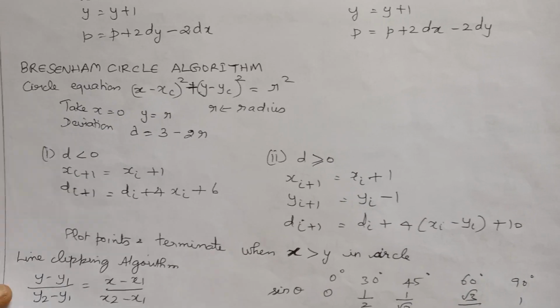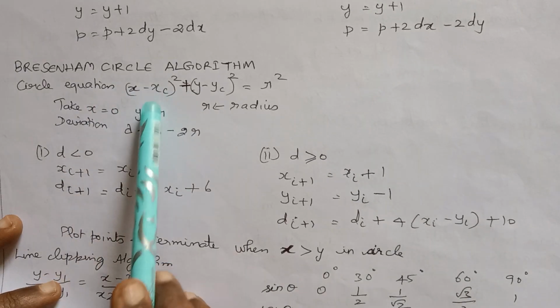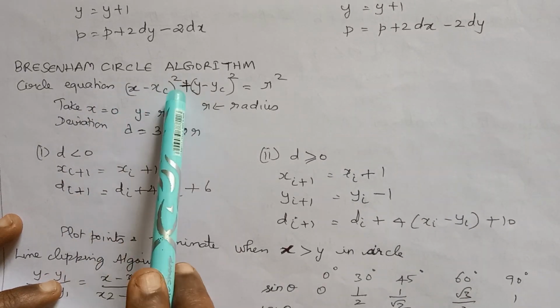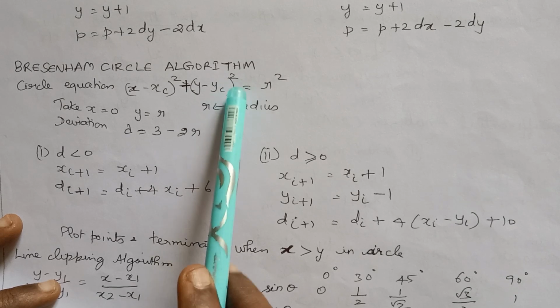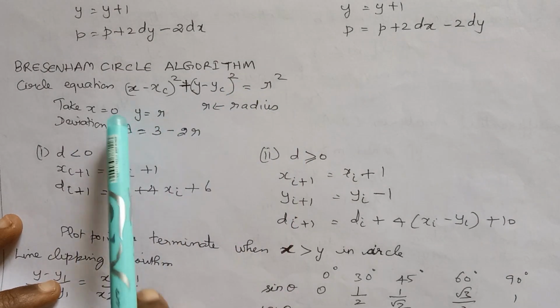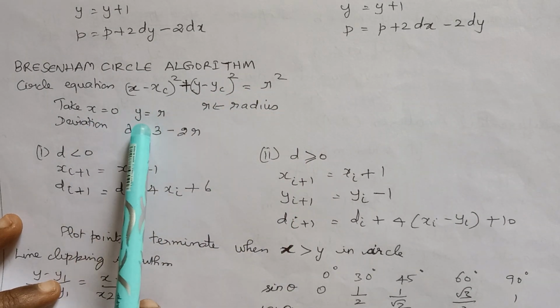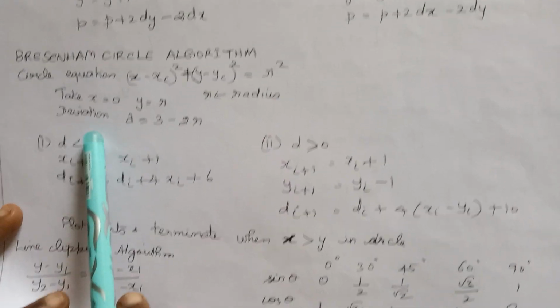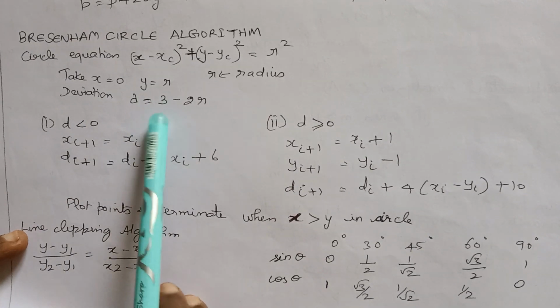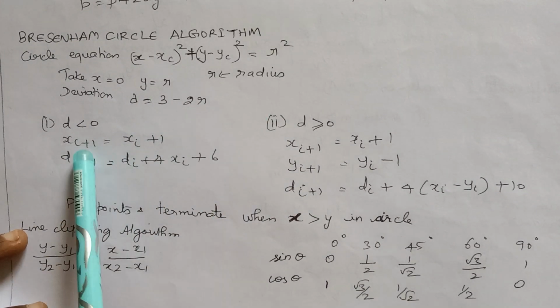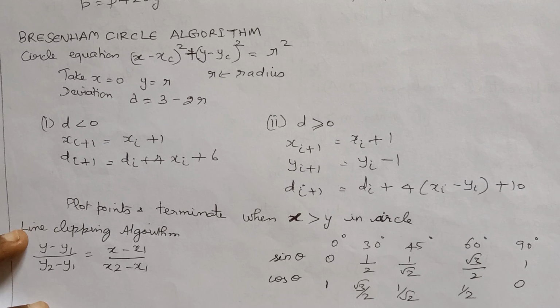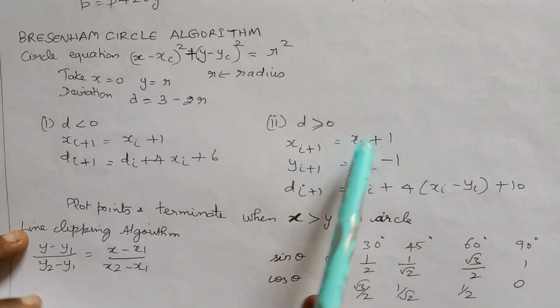Next, Bresenham circle algorithm. So what is the equation of circle? (x minus xc) whole square plus (y minus yc) whole square equal to r square. Here in the case of circle we take x is 0 and y equal to r, the radius, and the decision parameter d is given by d is equal to 3 minus 2r. There are also two conditions, that is d less than 0 and d greater than or equal to 0.